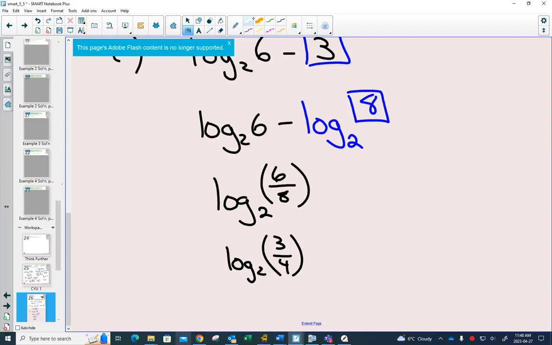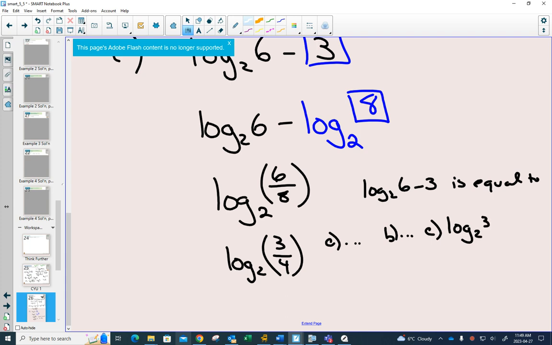I could say the following question: log 2 of 6 minus 3 is equal to, and then I could have a bunch of different answers possible, and one of them would be log 2 of 3 minus 2. And this would be an example of a multiple choice question.